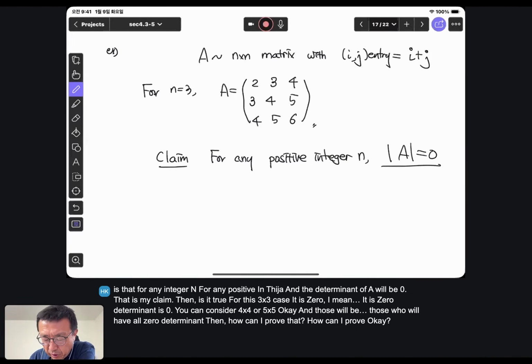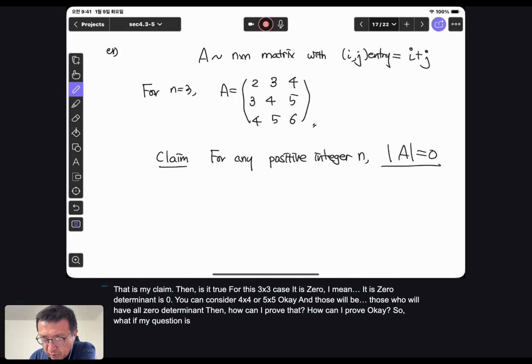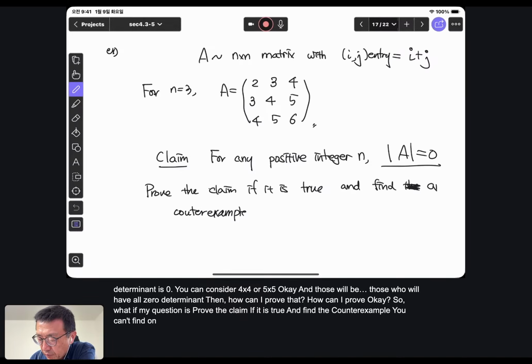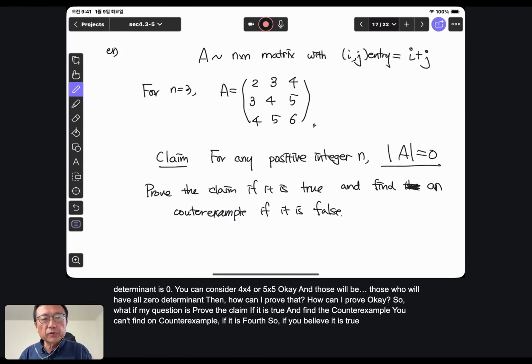So what if my question is: prove the claim if it is true, and find a counterexample if it is false. So if you believe it is a true statement, then you need to prove that statement.